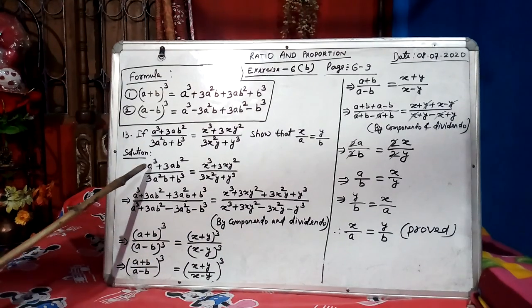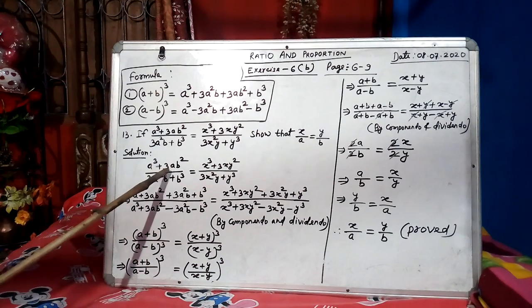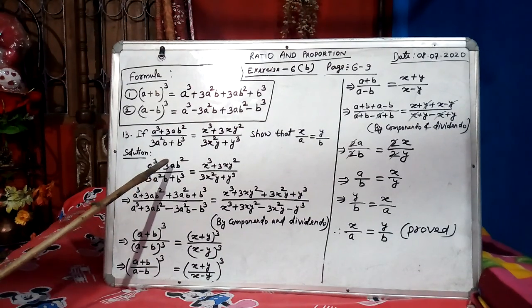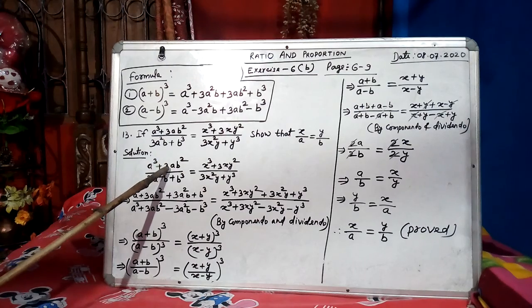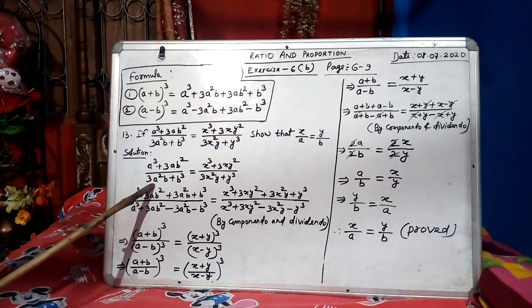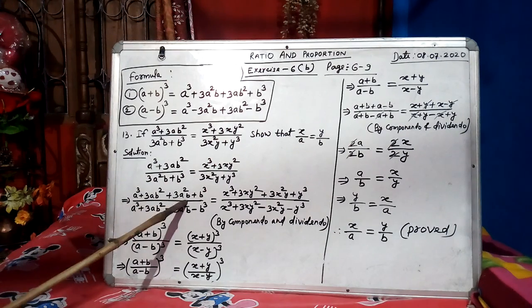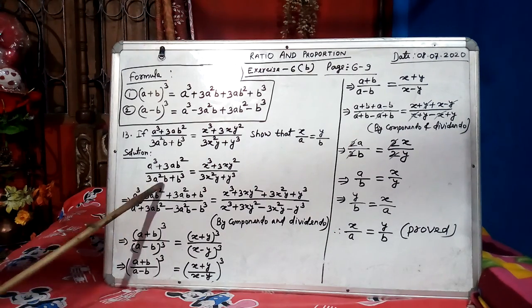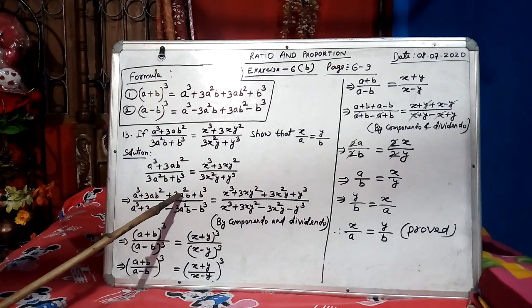Now what is the numerator? A cube plus 3ab square. So in componendo and dividendo, what do we do? We write the numerator at the top and at the bottom, same thing I did here. Then we apply plus minus. Yes, I did plus minus here. Next we write the denominator at the top and at the bottom. So 3a square b plus b cube is our denominator.